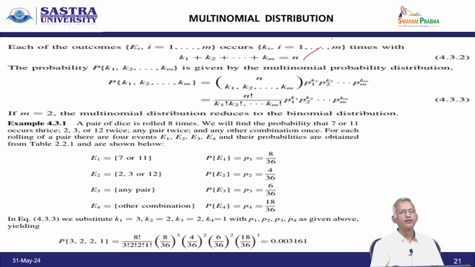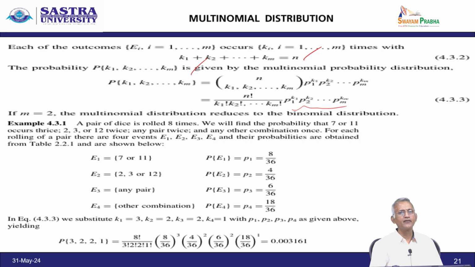The probability of k1, k2, ..., km is given by the multinomial probability distribution: P(k1, k2, ..., km) is n C (k1, k2, ..., km) into p1^k1 into p2^k2 and so on up to pm^km. Simplified, this is n factorial by k1 factorial into k2 factorial and so on up to km factorial, into p1^k1 into p2^k2 and so on up to pm^km. This we have already explained.